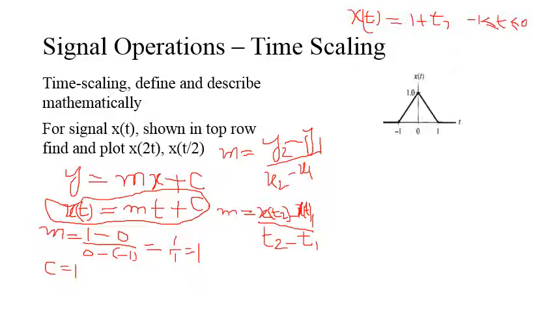Again, for this second part I will not do it. You can do it in a similar way, and you will find that the second part equals 1 minus t, for t from 0 to 1.